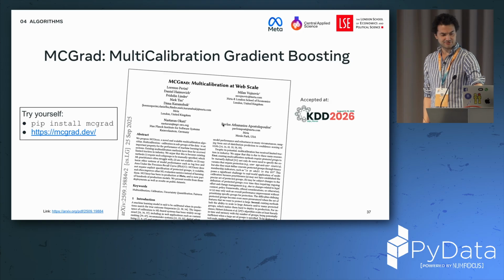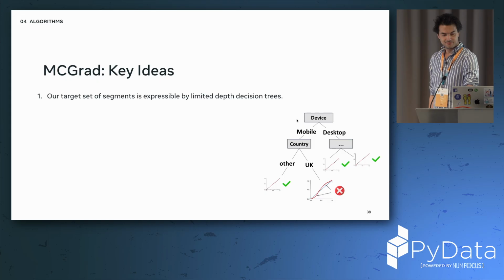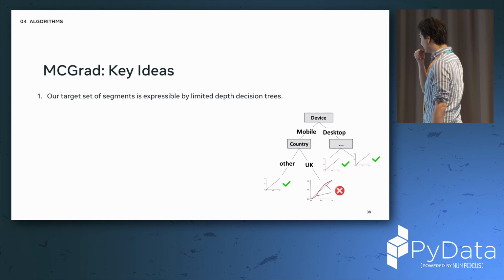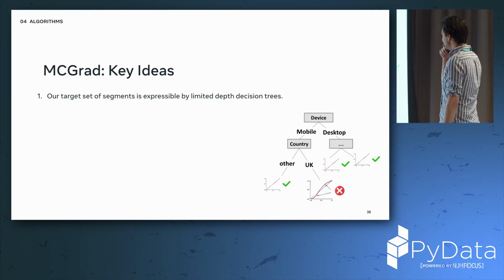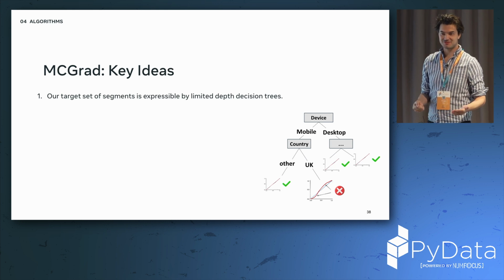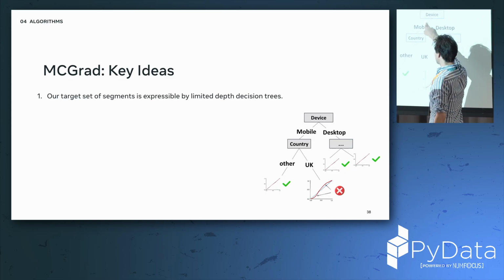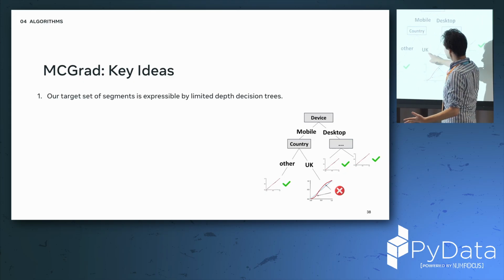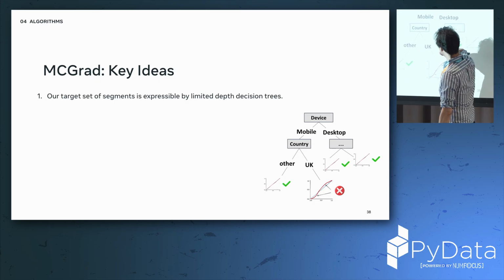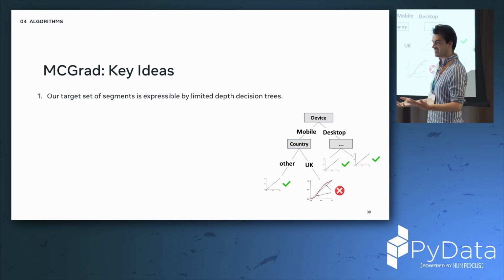So what are the key ideas of the paper? There already exist decision tree algorithms. And what do decision tree algorithms do? They take your features and slice your feature space in particular ways, and basically each node in the decision tree is again a subset of data, right?